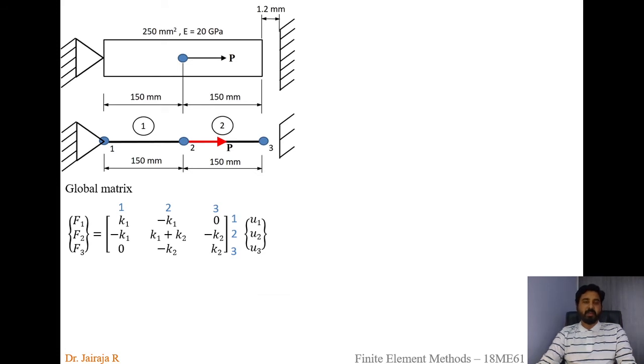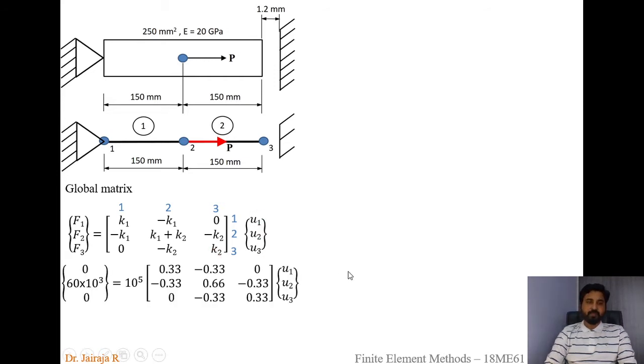Then the global matrix can be obtained from the elemental matrices. Since there are 3 nodes and each node has only 1 degree of freedom, it is a 3 cross 3 matrix. So the global matrix is F1, F2, F3 equals K1, minus K1, 0; minus K1, K1 plus K2, minus K2; 0, minus K2, K2, times U1, U2, U3.